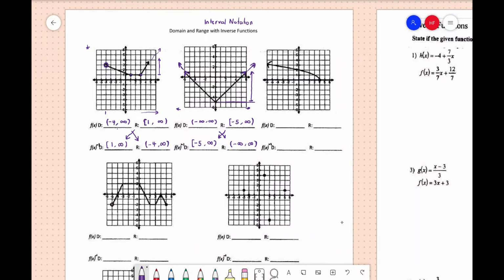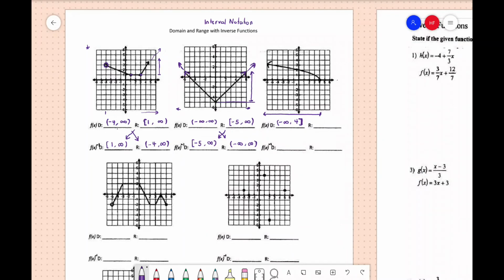So on this third one, we're going to take the domain. I see arrowheads in the left direction, and then a stopping point here on the right. So my domain is the set -infinity up to 4, and it is a hard point, a hard stop, so we've got brackets. So -infinity to 4.